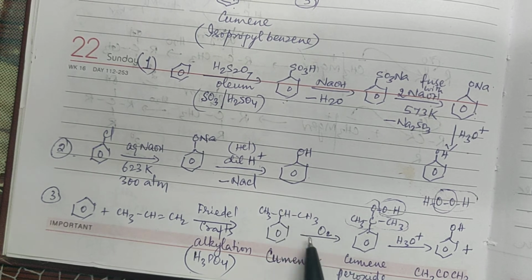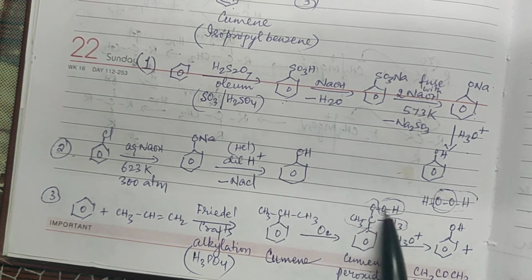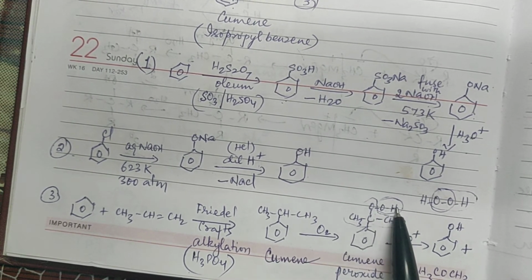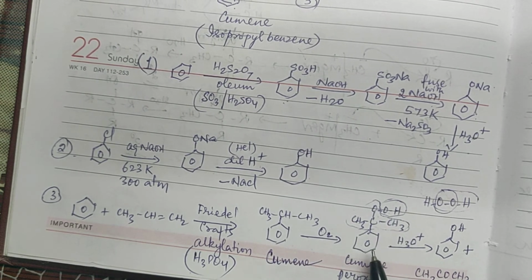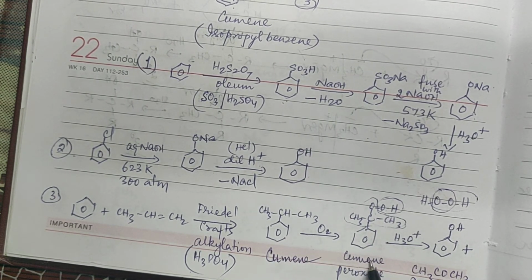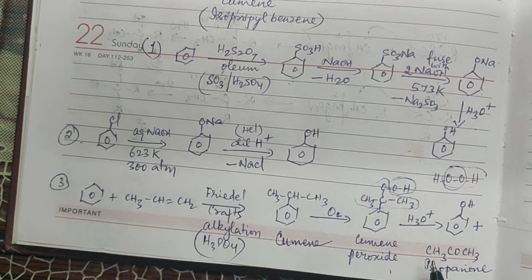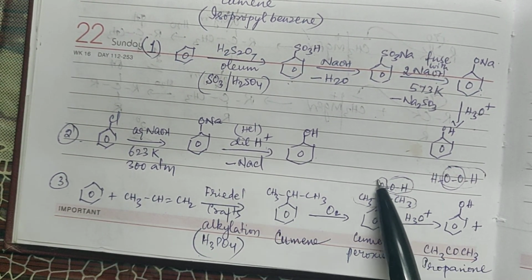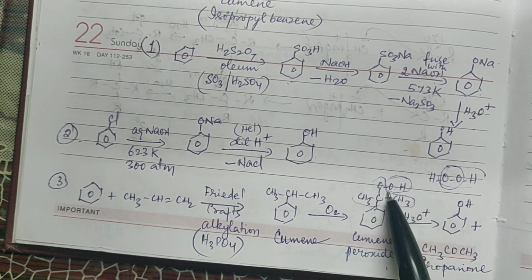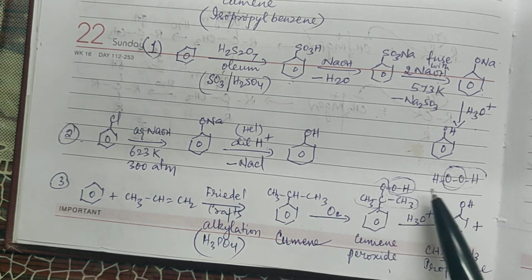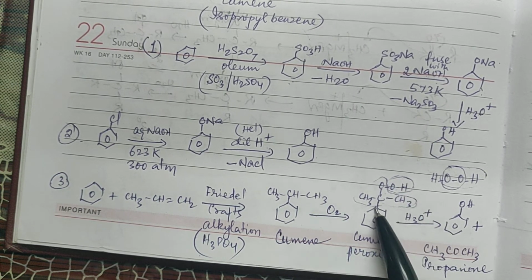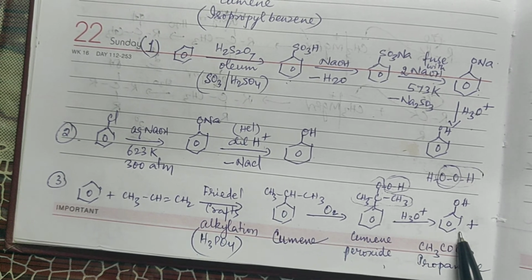Between C and H both O's get attached, see. Okay, C and H and both O's came in between. Now this is called cumene peroxide and this will undergo hydrolysis and this will get released as propanone, that is acetone, and this OH will drop down on the benzene ring, so you will get phenol.